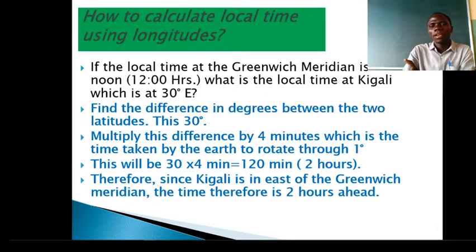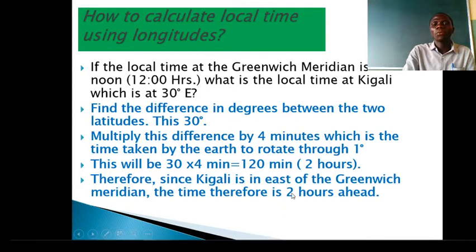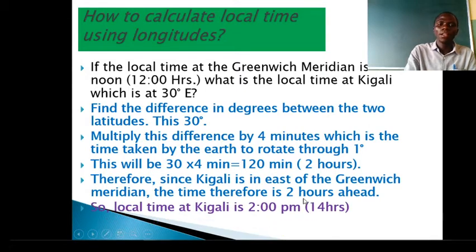Now Kigali is 2 hours ahead compared to Greenwich meridian. This is the reason why Kigali's time is 2 p.m. I think it is understandable.